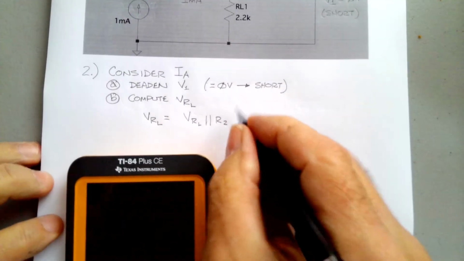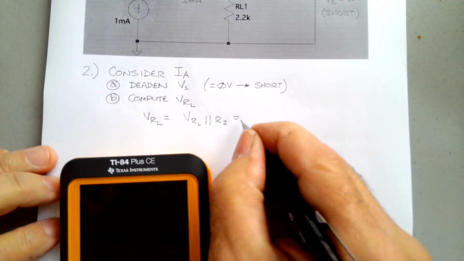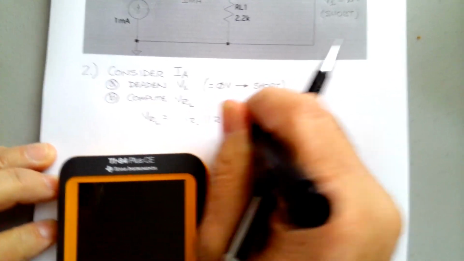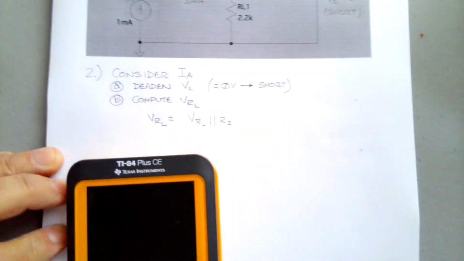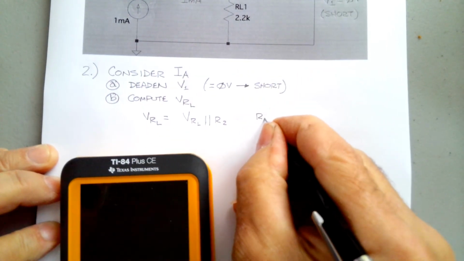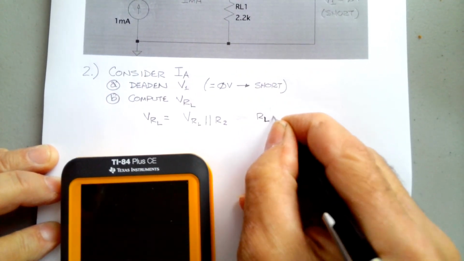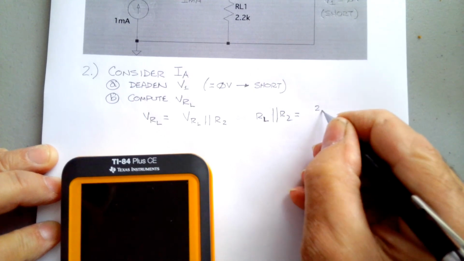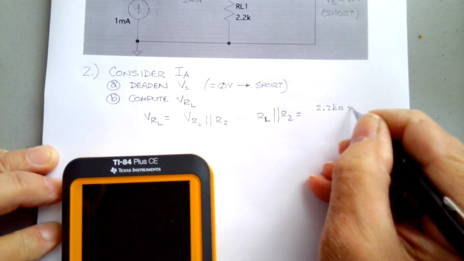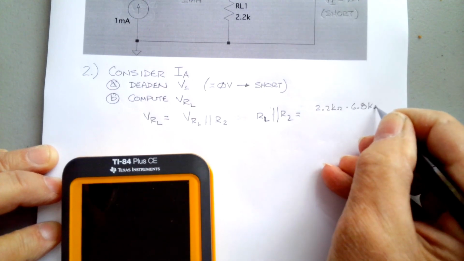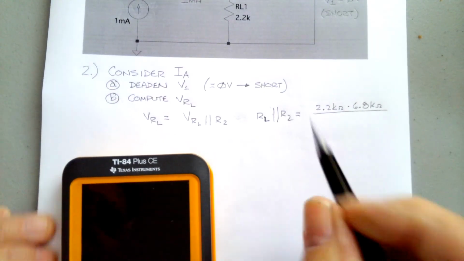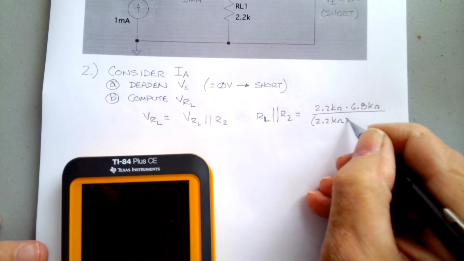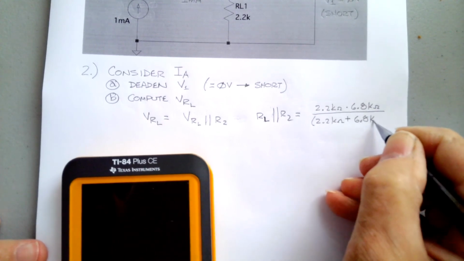I'm going to use product over the sum like I usually use with 2 resistors. RL in parallel with R2 is going to equal 2.2 k ohms times 6.8 k ohms over 2.2 k ohms plus 6.8 k ohms.